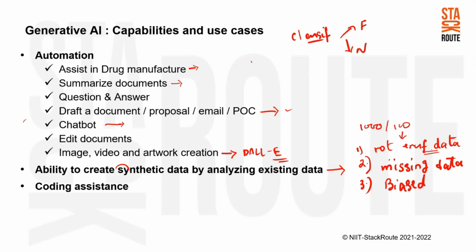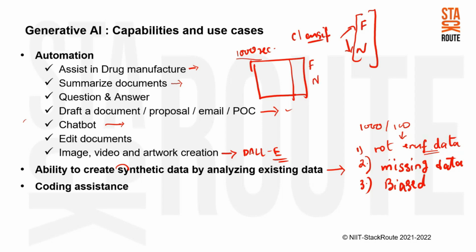Let's say you have 1000 records. What do you think will be the distribution of the two classes, fraudulent versus normal? How many N's will be there? How many F's will be there given you have 1000 records?